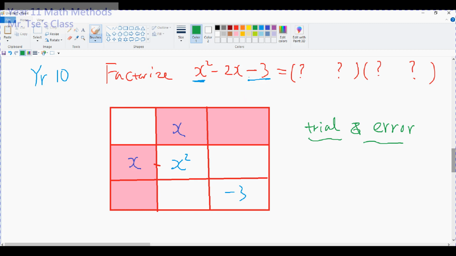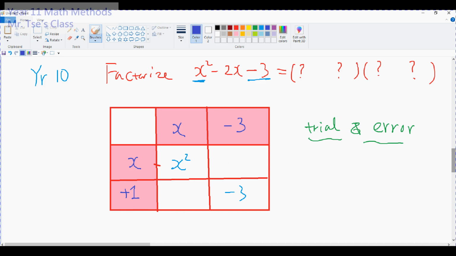So how about next time? Last time we tried plus 3 and minus 1, it doesn't work. But you still need to get something multiplied together equals minus 3, right? So this time we'll go with, oh sorry, minus 3 and plus 1.